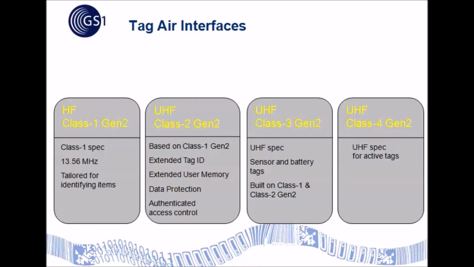The UHF Class 3 Gen 2 is a UHF specification for sensors and battery tags, built upon existing Class 1 and Class 2 Gen 2. And finally, the UHF Class 4 Gen 2 becomes an active RFID tag.